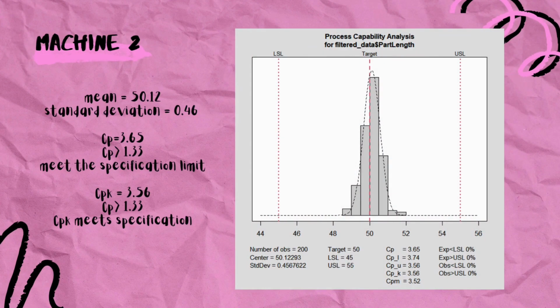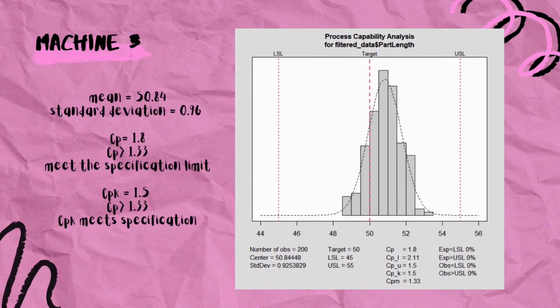Moving to machine 2, it shows that it's slightly positively skewed and still in the range of USL and LSL values. That means machine 2 meets the specification limit. This can be proved by the CP value of 3.65 and CPK of 3.56, and both do meet the specification limit because they exceed the minimum limit of 1.33.